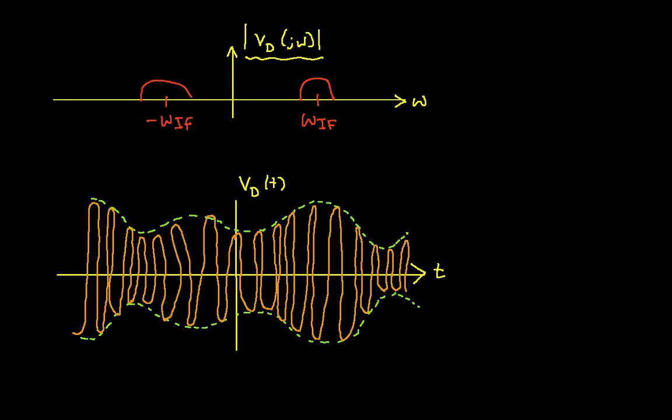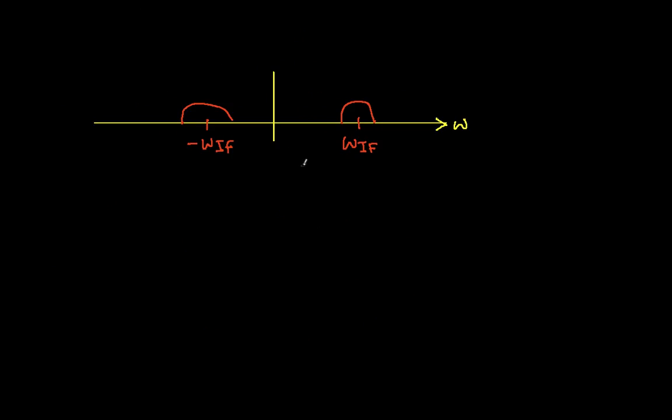So let's go to our picture of the spectrum of the signal as it stands now, and we want to get this all back down to baseband. And so the way that we can do that is we have our signal. Probably you've gotten tired of seeing this, but one way to move signals around in the frequency domain is to multiply them by a cosine of the appropriate frequency.